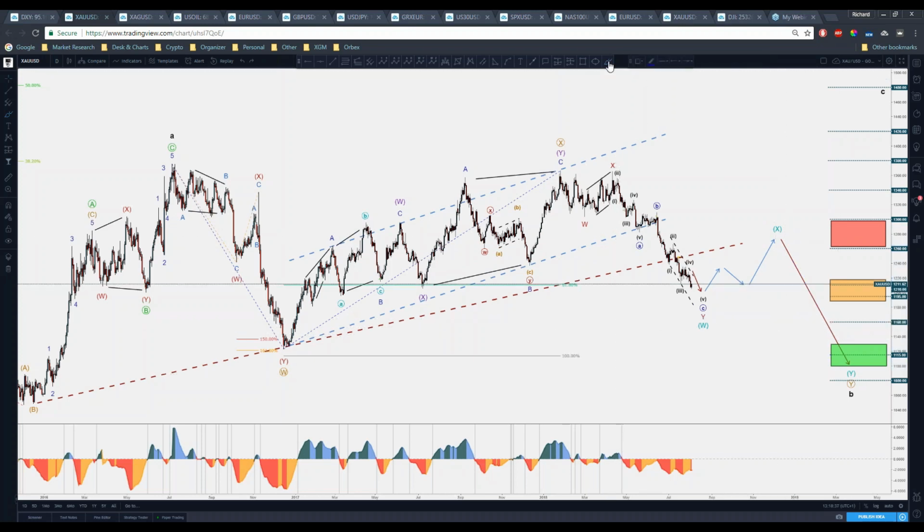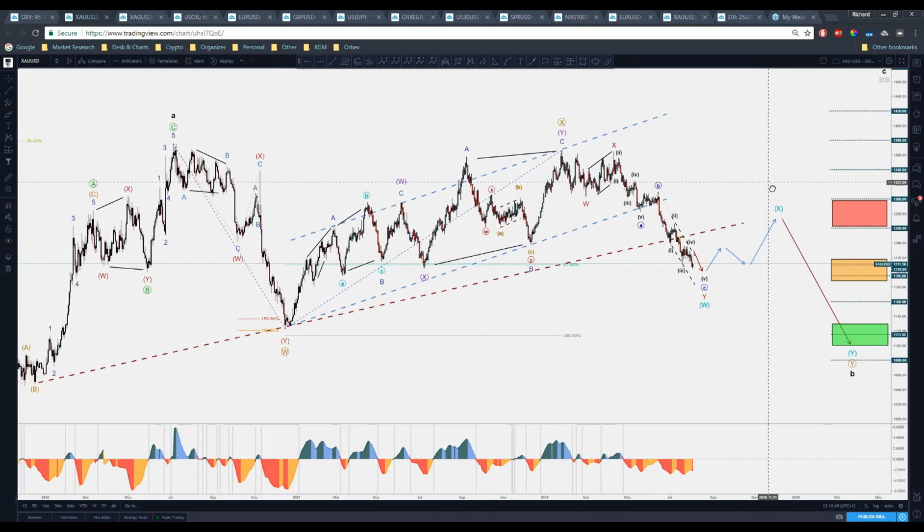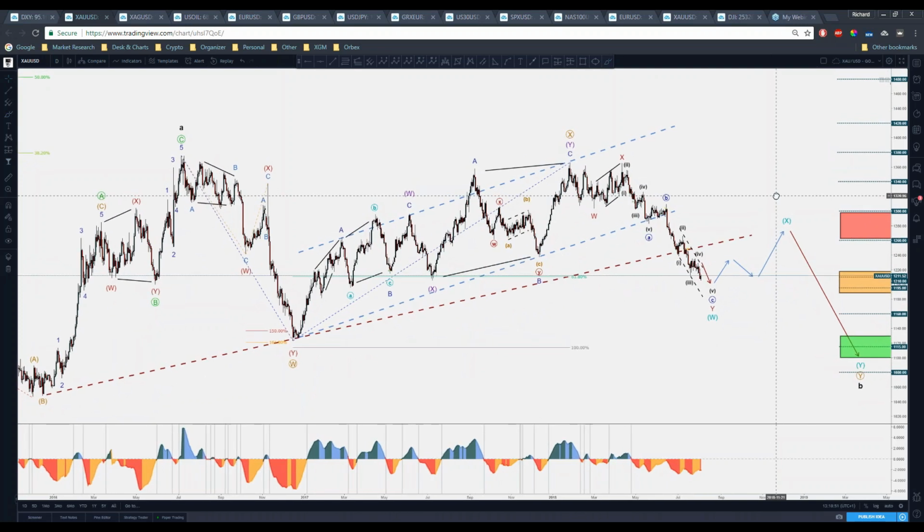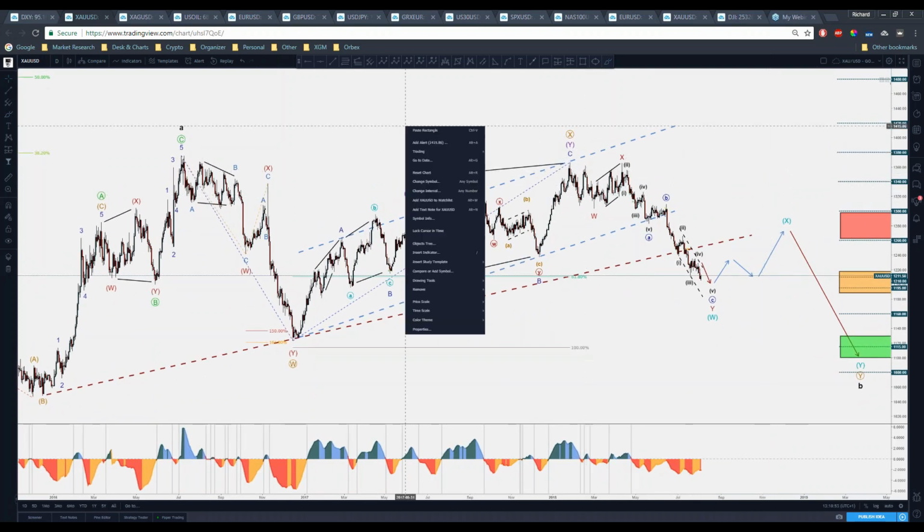Normally after a breach, it's normal for price action to retest that and possibly bump its head and then continue on the downside. But we'll see. For that, of course, we'll move on to the lower time frame.